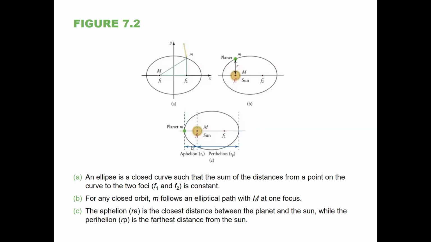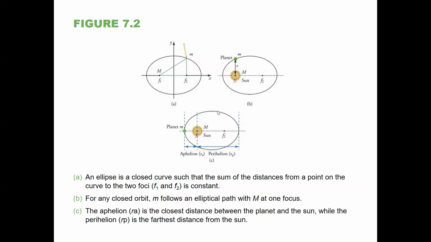So here we have an ellipse, which is a closed curve. And we learn that the sum of the distances from a point on the curve to the two foci. So we have two focuses, F2 and F1. And we learn that the sum of the distances from a point on a curve to the two foci is constant.